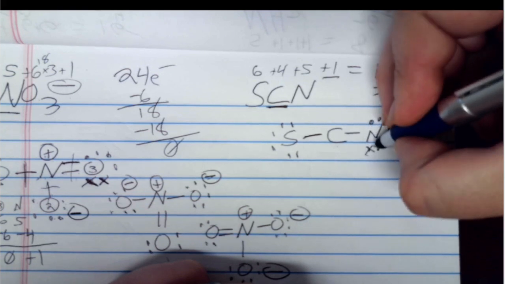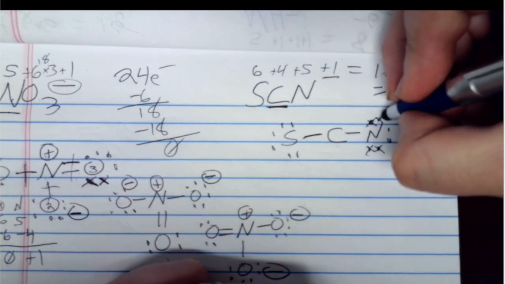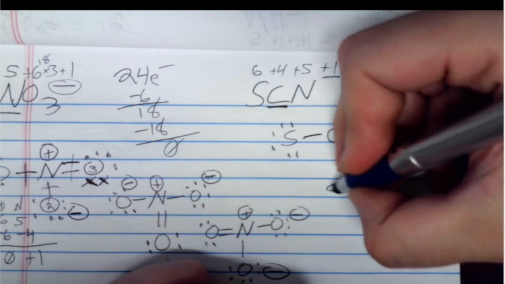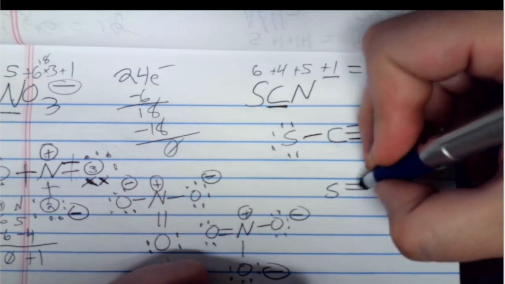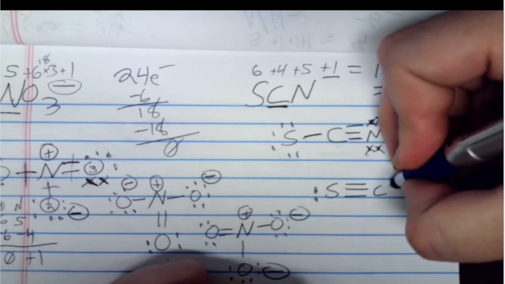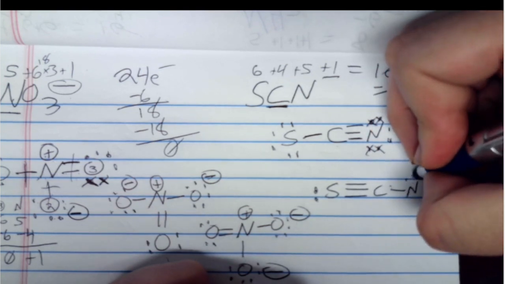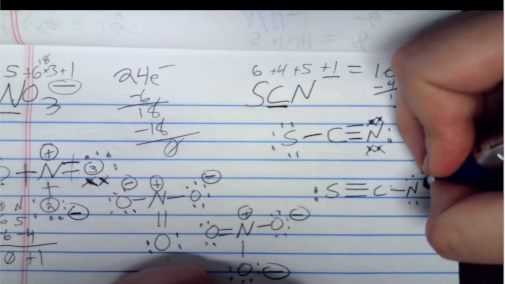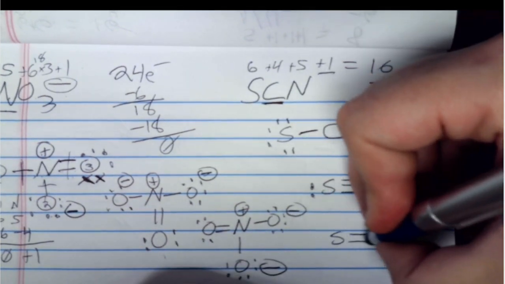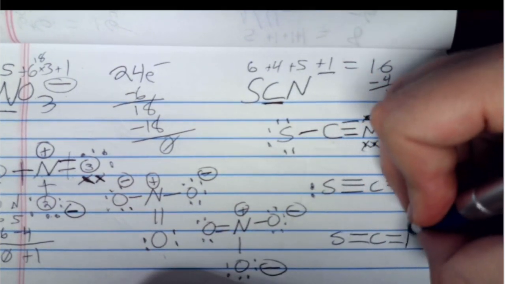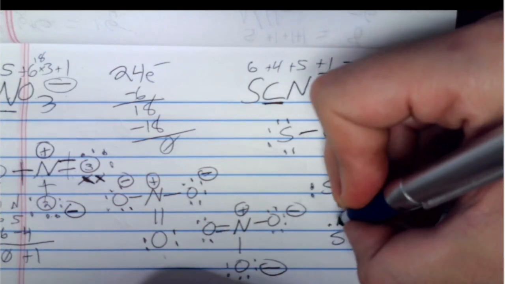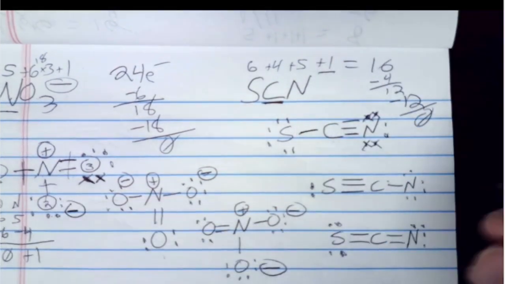Let's draw them out. Structure 1. Structure 2. I can do it the other way. I'm going to skip some of these steps. And structure 3, where it's possible to take a lone pair from each set.